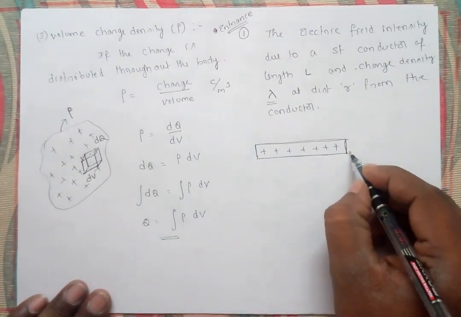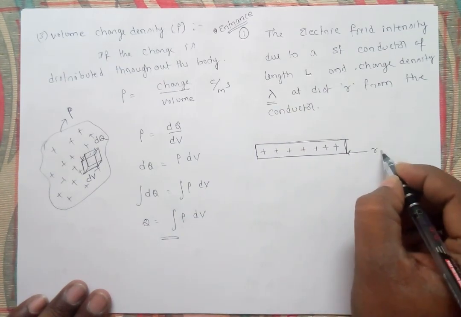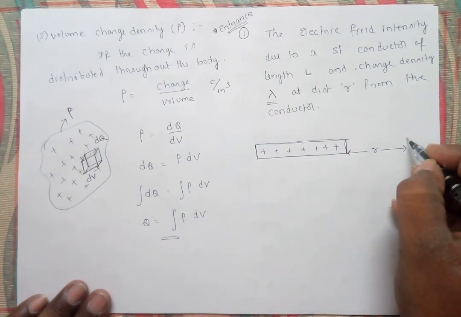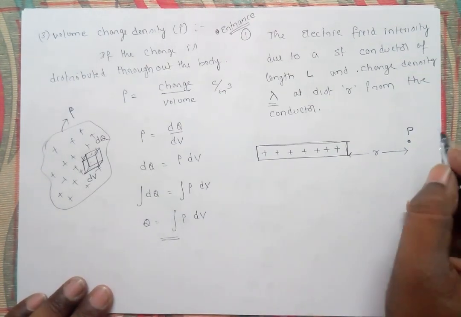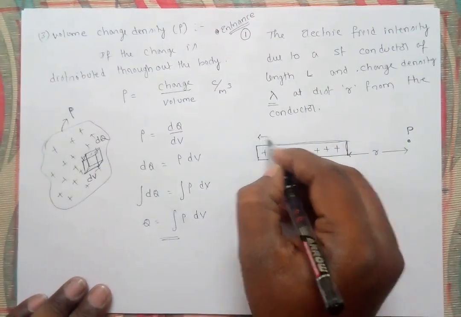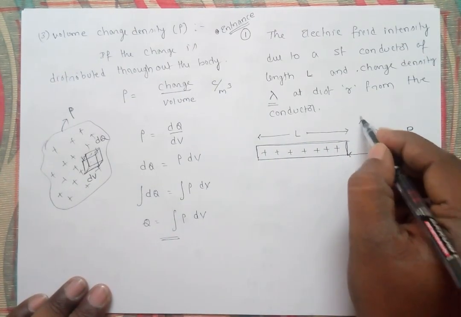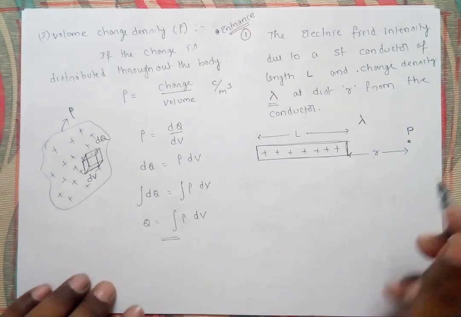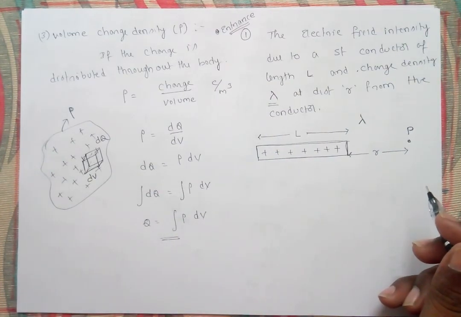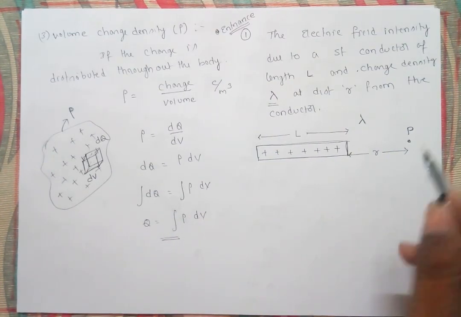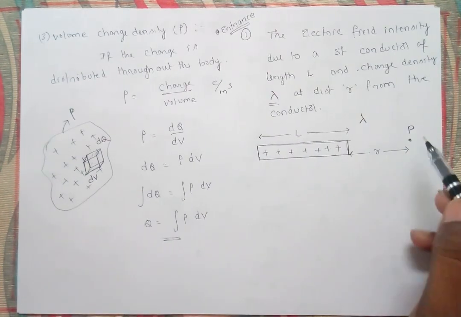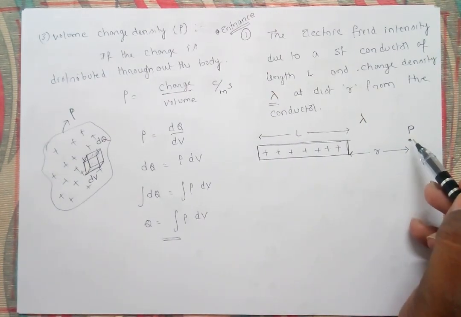From this conductor, at a distance r, I am taking a point P, and the whole length of the conductor is L, and linear charge density is lambda. Here the case is: due to this conductor, what is the electric field intensity at this point?